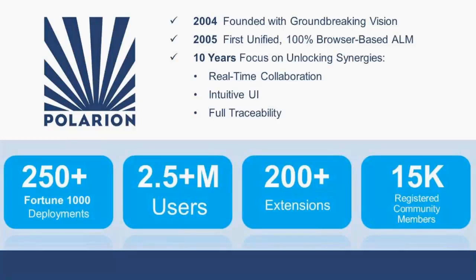We are also working strongly with our community. More than 15K registered community members are currently available. And we always want to have the knowledge of our community to know what is really needed, what Polarian still needs to make it even better.